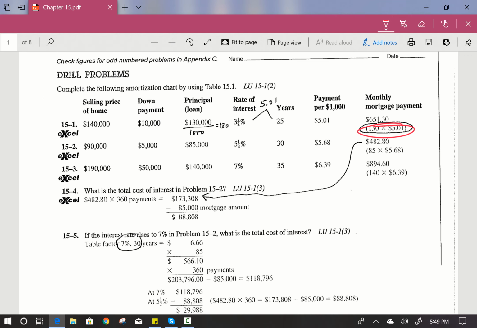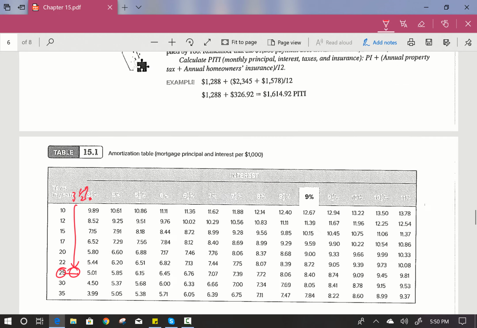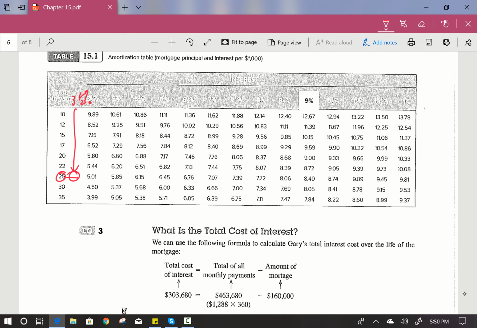Okay, number 2. $90,000 minus the down payment gives us $85,000. To use a table, we will divide 85,000 by 1,000 to give us 85, and then find the corresponding factor on the amortization chart of 5.5% in 30 years. Let's see if that one works. Okay, there's 5.5%, and there's 30 years.